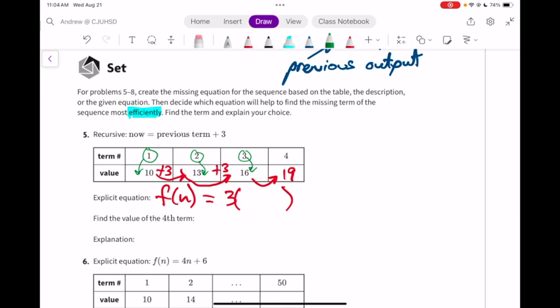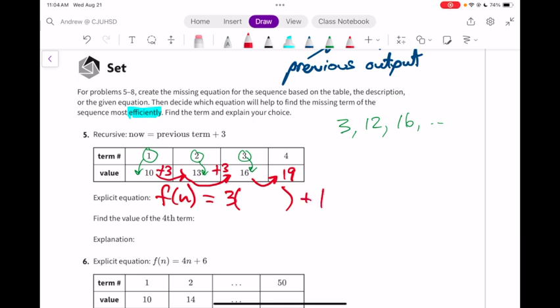Multiples of 3 would be 3, 12, 16, and so on. How far off are these from the multiples of 3? Well, they are all one bigger than a multiple of 3. So maybe we have to add 1 to our multiple of 3.